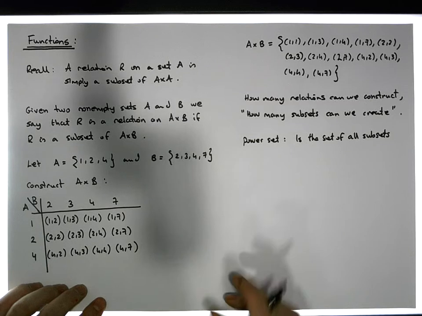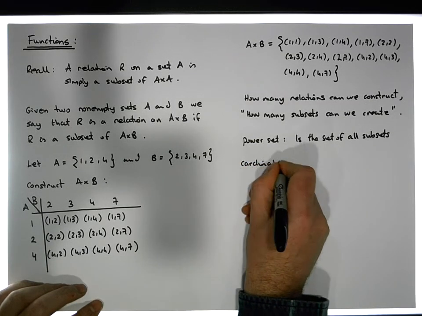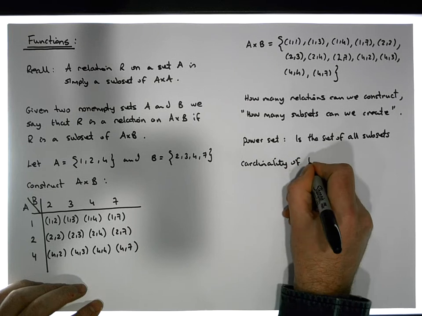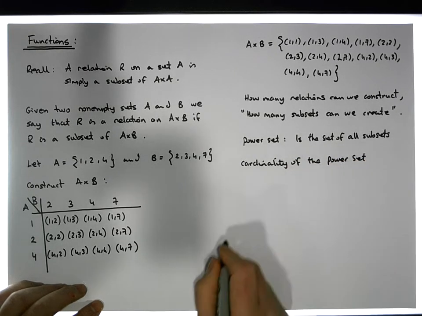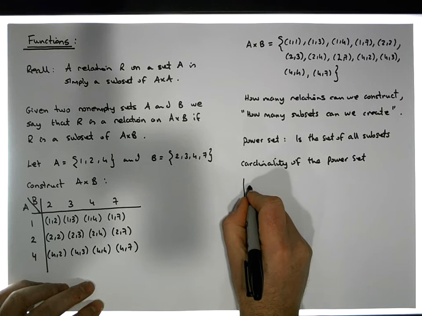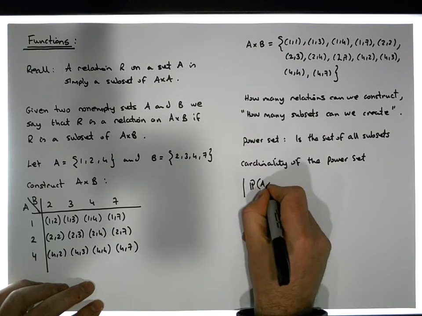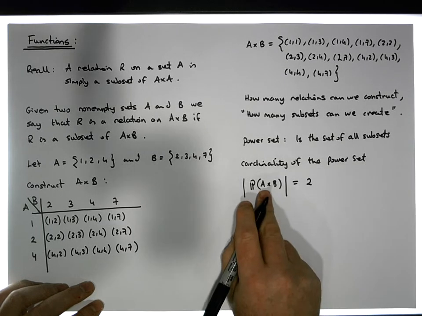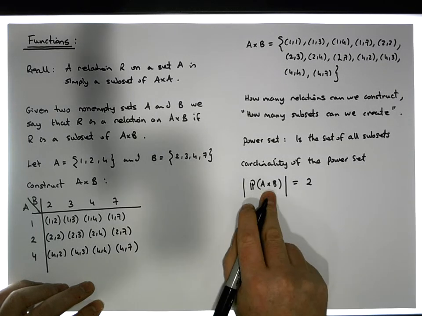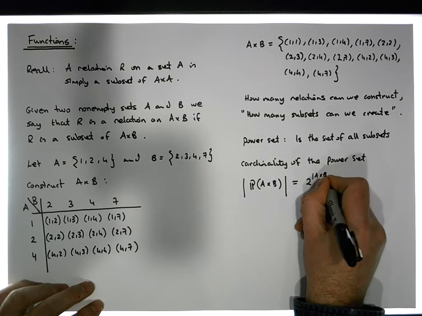And the cardinality of the power set of a set, and the set we're interested in is A cross B, is simply equal to 2 to the power of the cardinality of the set we're constructing the power set from. So it's equal to 2 to the power of the cardinality of A cross B.